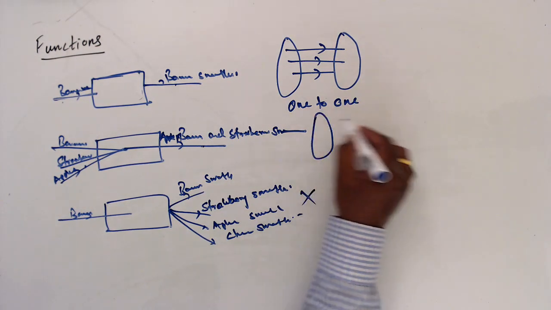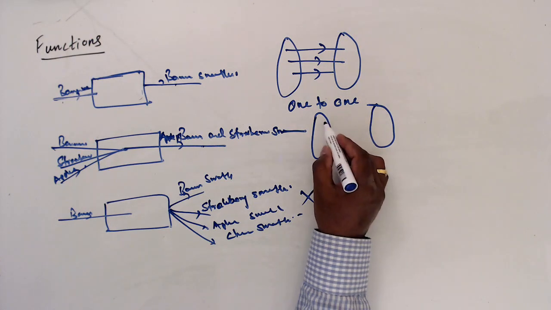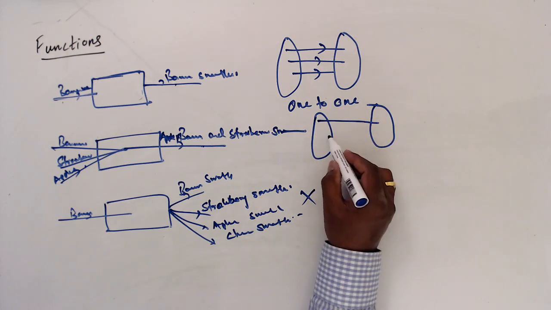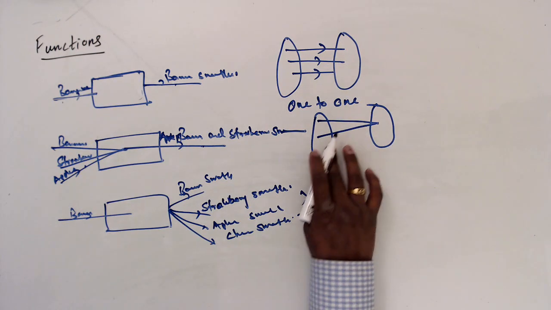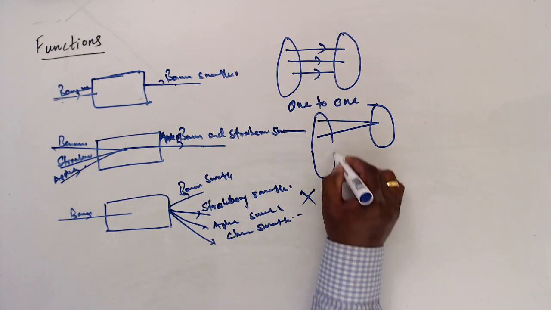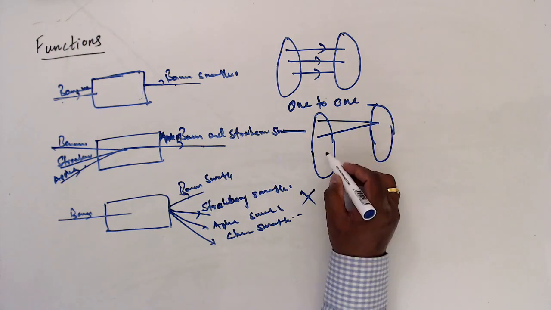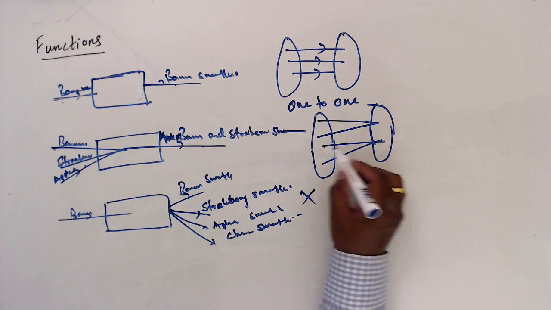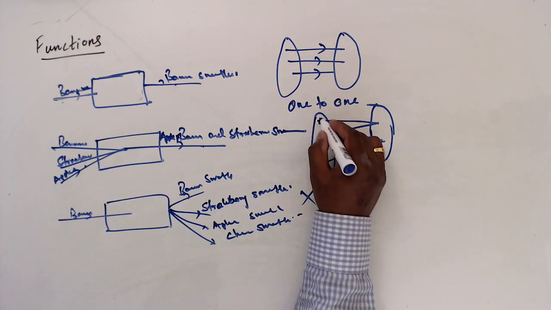In here, if we put more, let's say 2, we will get 1. This is called many to 1: you put many. Can you see? We put 2.